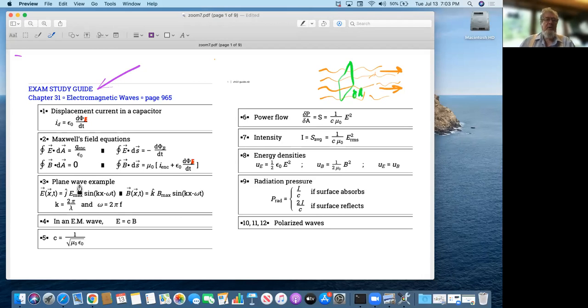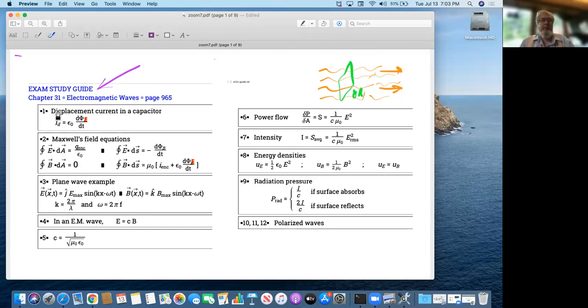And if you know how to use these equations in the homework problems, you'll also know how to use the equations when it comes to the exam.